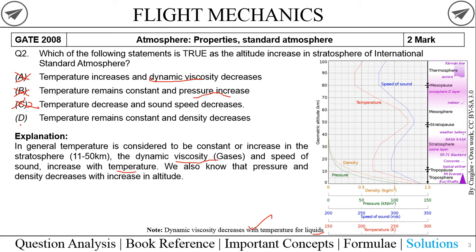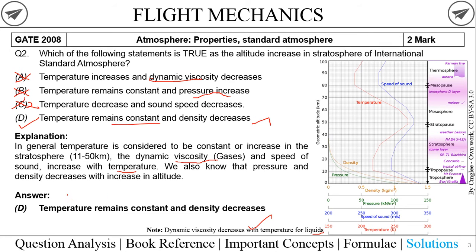Now we are left with option D. So knowing about the correctness of this option, the temperature remains constant because it's remaining constant or increasing. Okay, remains constant. And density. So talking about density, the density is plotted over here. This is also decreasing with increase in altitude. So here the density decreases. Thus, this option D must be the correct answer.